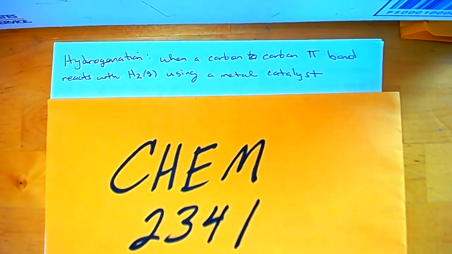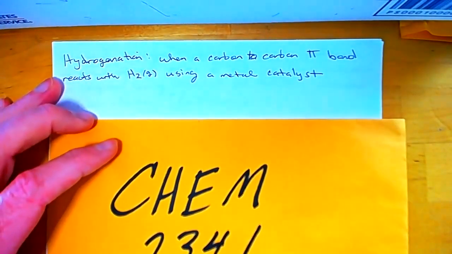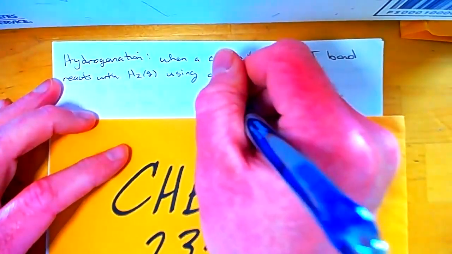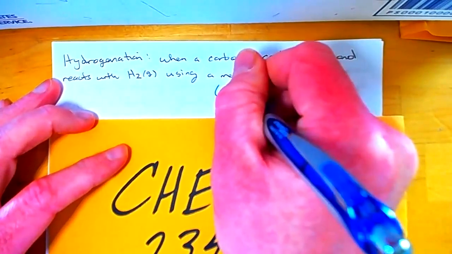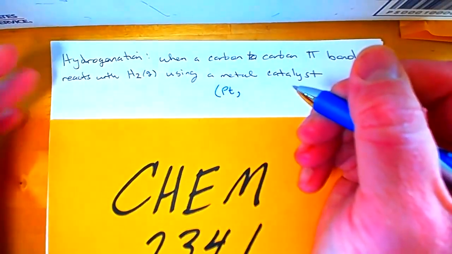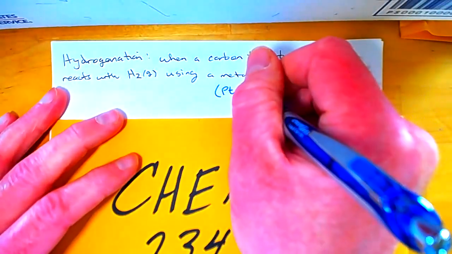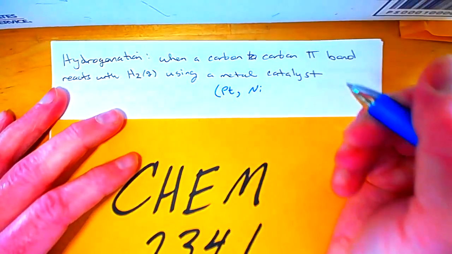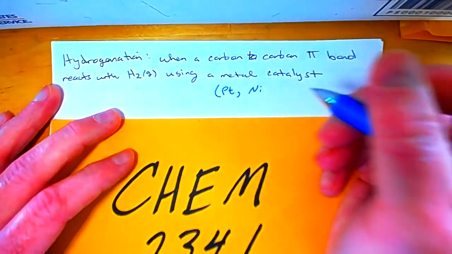Now, that cannot be done without the use of a catalyst, which lowers the activation barrier to make the reaction happen. Typically there are several metal catalysts that are used. Platinum is very good, but it is extremely expensive. Nickel is also quite good, but it is very toxic.